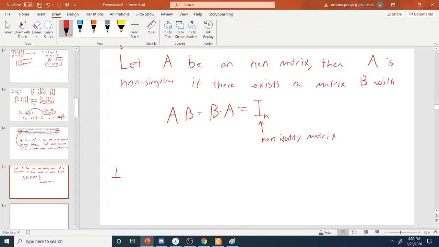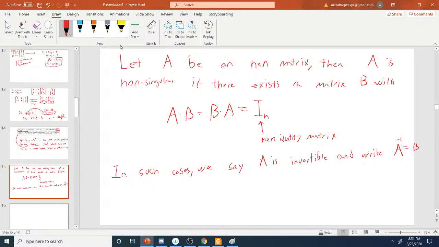In such cases, we say A is invertible and write A inverse is defined to be B.